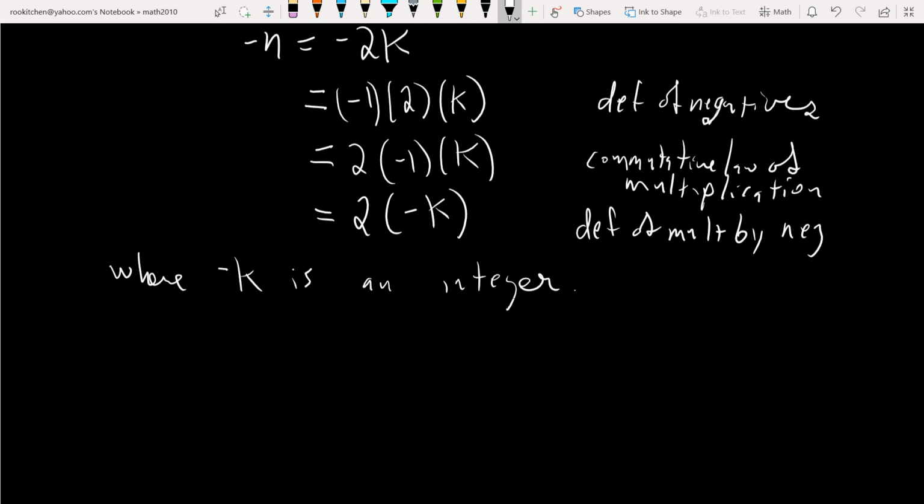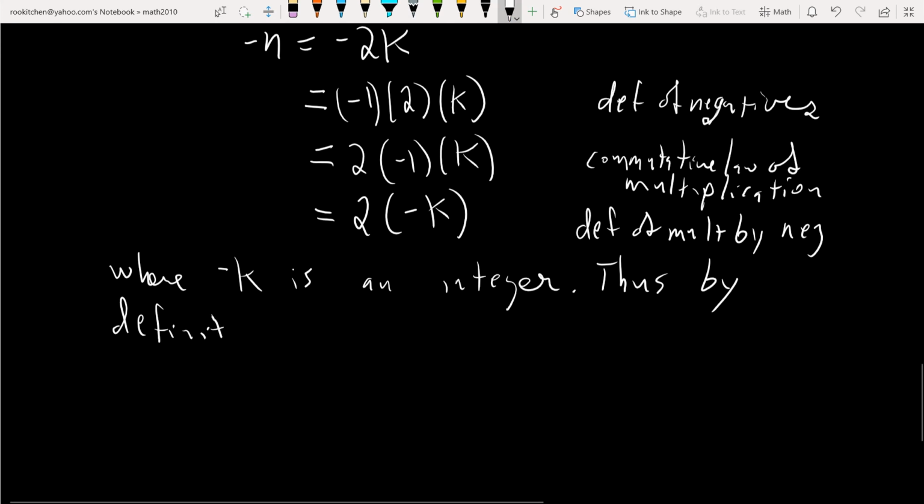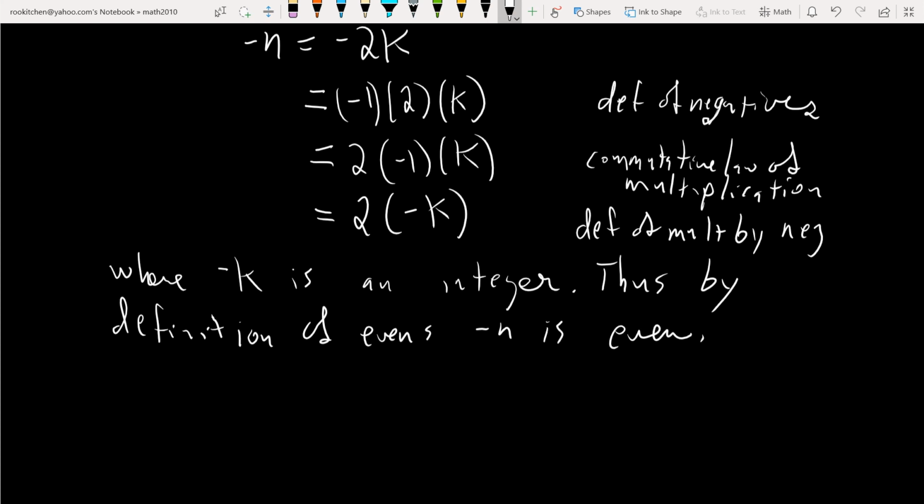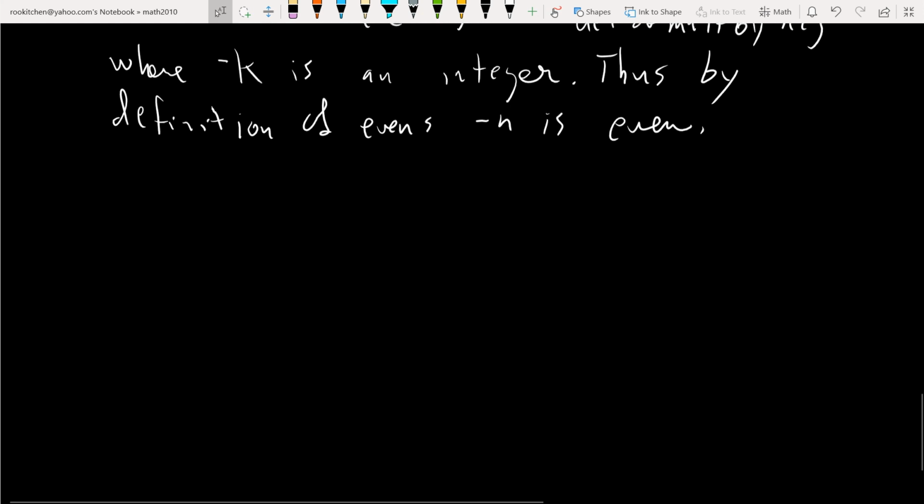And thus, by definition of evenness, negative n is even. Okay, so that's our first introduction to a proof, a direct proof.